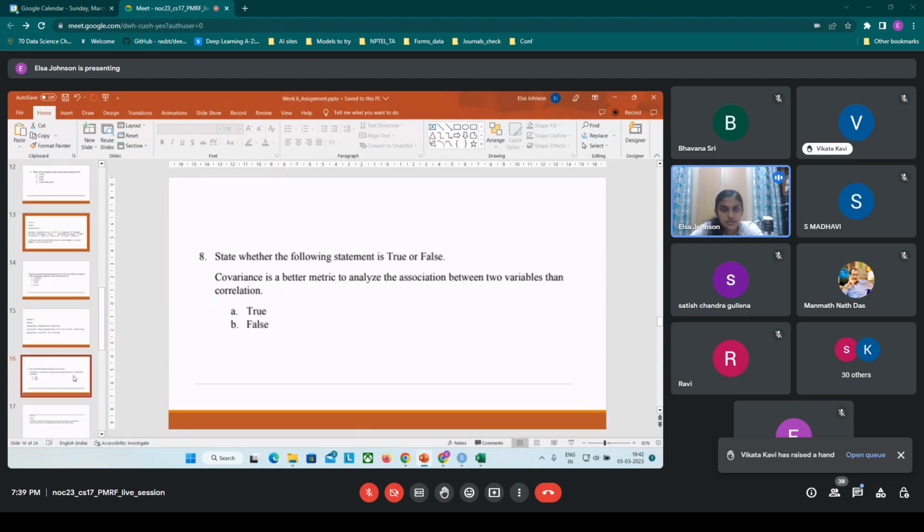Now the next thing: state whether the following statement is true or false. Covariance is a better metric to analyze association between two variables than correlation. You can put the answer in the chat window.